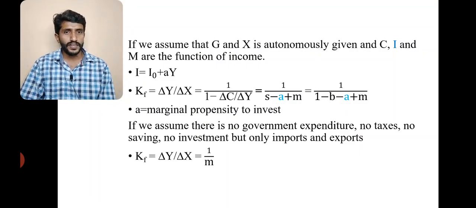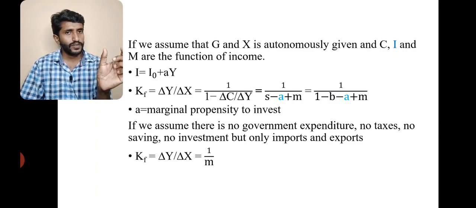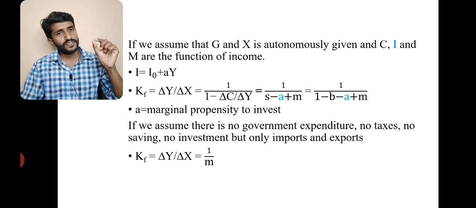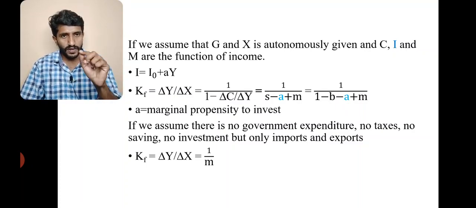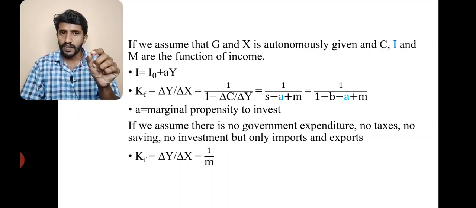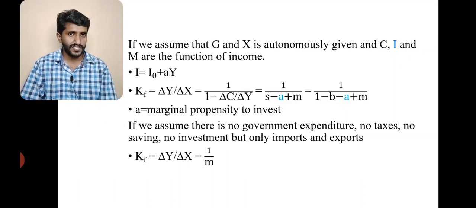Then the total investment will have two components. The first one is autonomous investment, and also investment which depends upon income. That's why we are writing aY. This small a is the marginal propensity to invest.